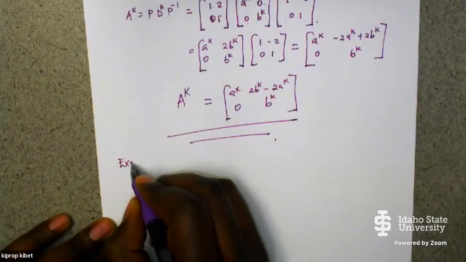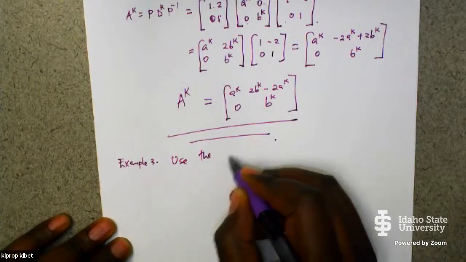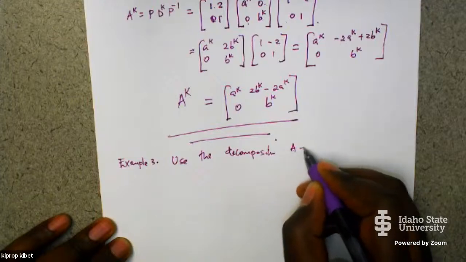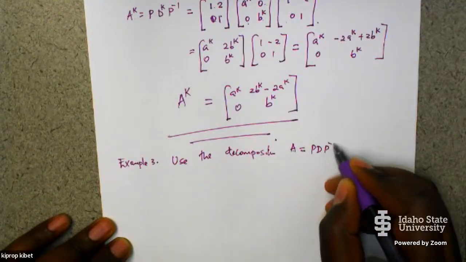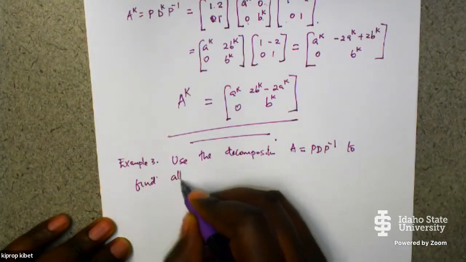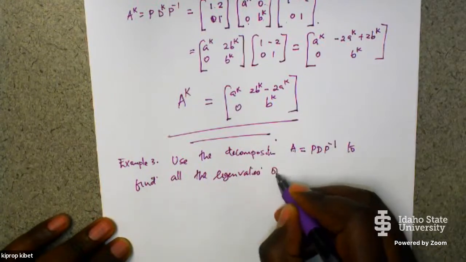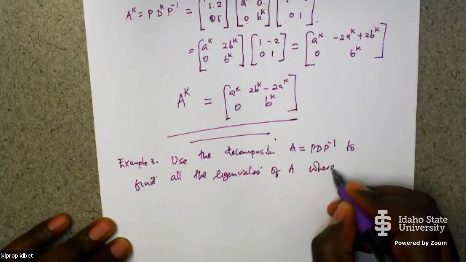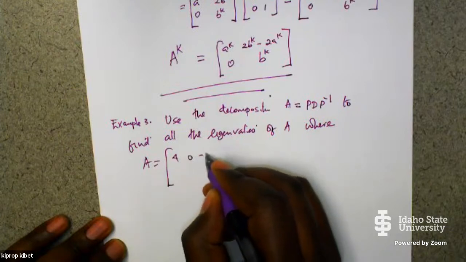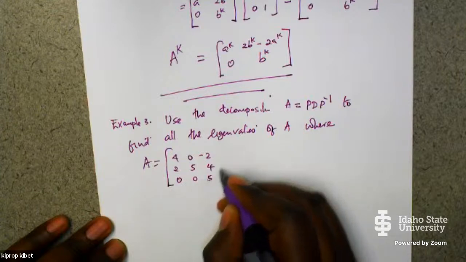Example number 3. Use the decomposition A equals PDP inverse to find all the eigenvalues of A, where A equals 4, 0, -2, 2, 5, 4, and then 0, 0, 5.